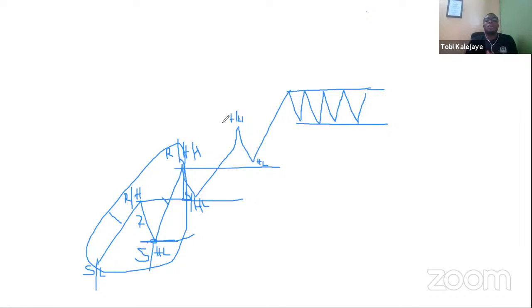I said in an uptrend, you focus on buying opportunities. What should be your focus in a consolidating market? Either you ignore it, or don't trade it if you don't have the skill yet, or you keep focusing on the momentum that led price to that consolidation.